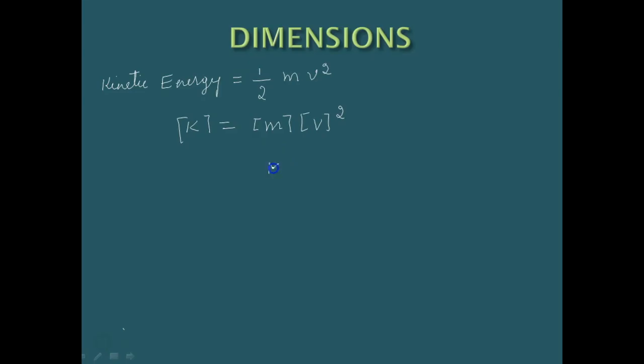For mass, we'll write the symbol M, isn't it? And for velocity, we already derived it: M raised to 0, L raised to 1 and T raised to minus 1, whole square. And finally, the dimensional formula for kinetic energy is given by M raised to 1, L raised to 2 and T raised to minus 2.